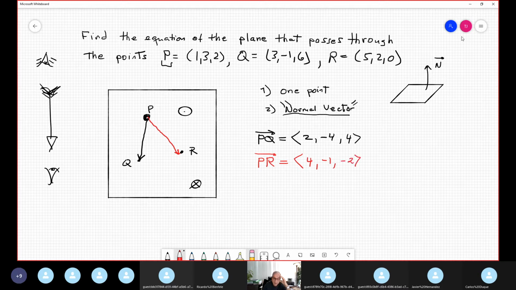Okay, so I have in my hand two vectors. These vectors lie in the plane in which I want to find the equation, because my goal is to find the equation for this plane, no?